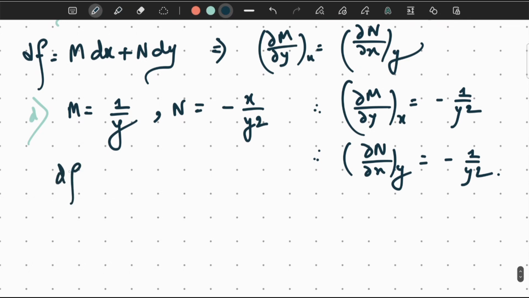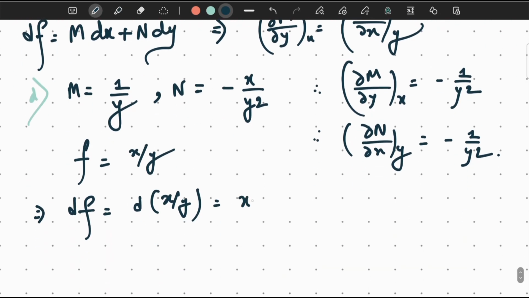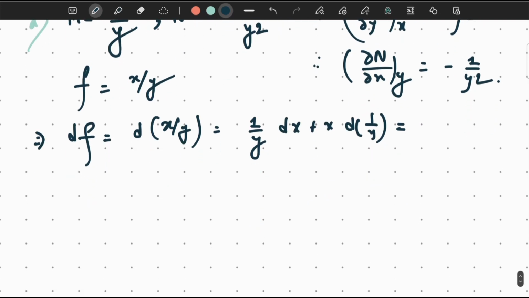You can also identify what to write. So df is that, so obviously f will be x by y, and then df is d of x by y. So d of x by y is eventually 1 by y dx plus x d of 1 by y. So what is the d of 1 by y? How can you identify this?